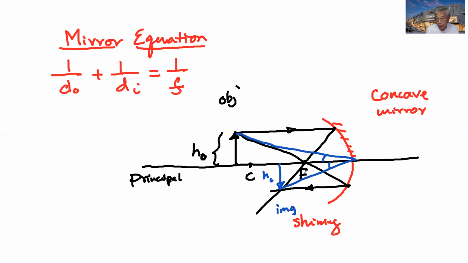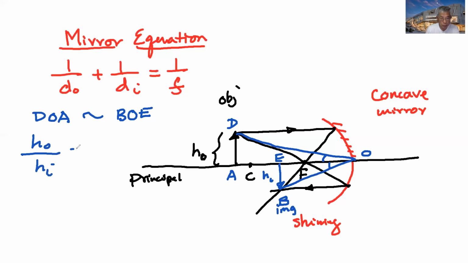So these two are congruent. Let's call this one O, that one A, this one B, this one D, and this one E. So triangle DOA is congruent to triangle BOE.